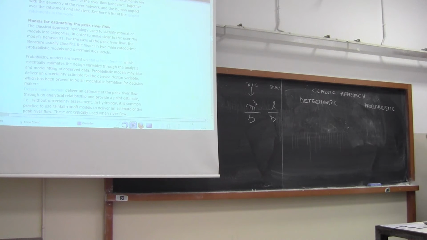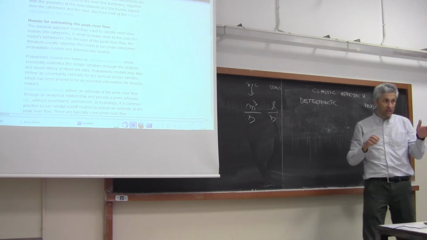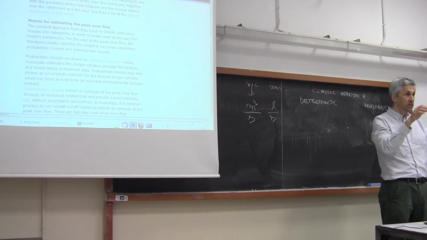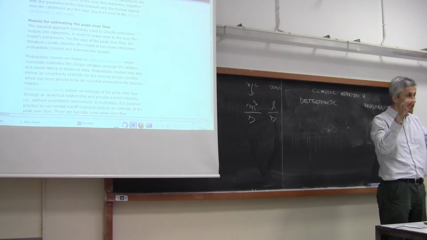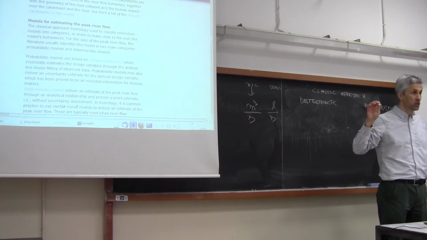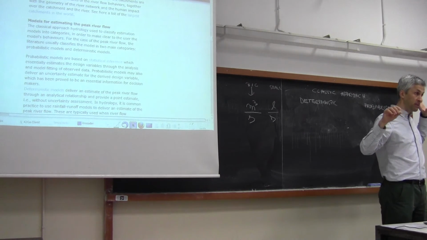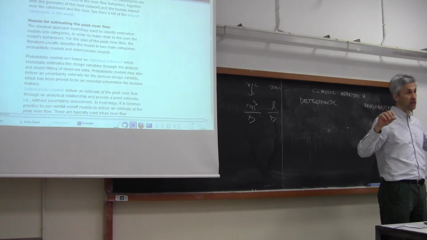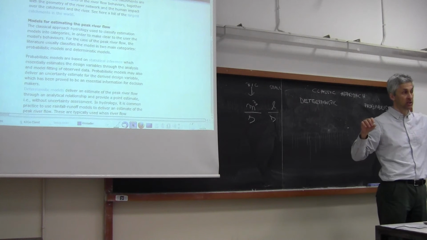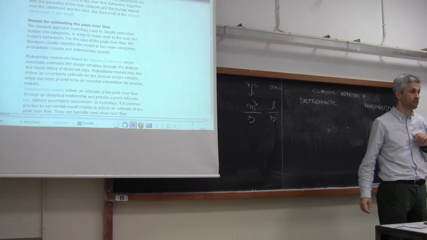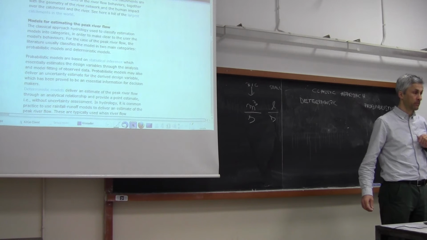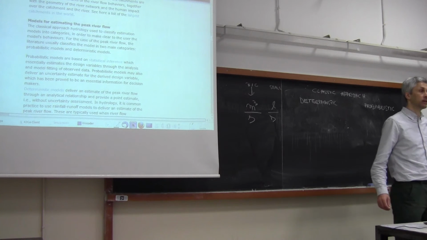is a model that to a given input assigns a unique output through an analytical relationship. So the definition is that in a deterministic model, a unique output is associated to a given input through an analytical relationship.